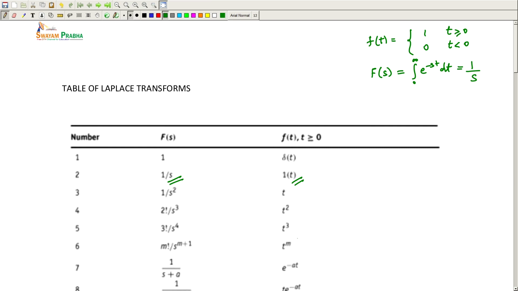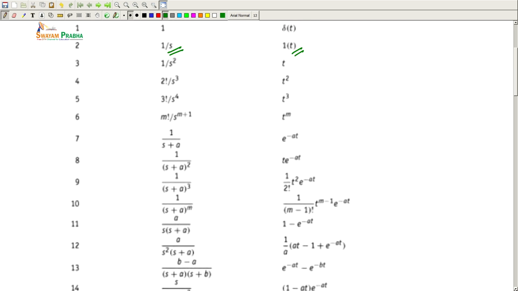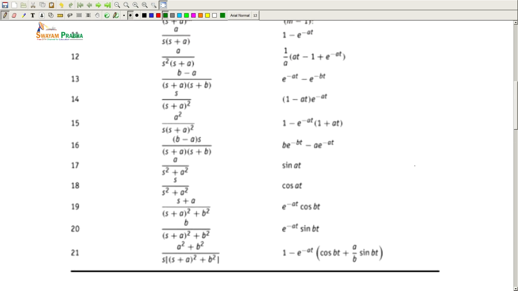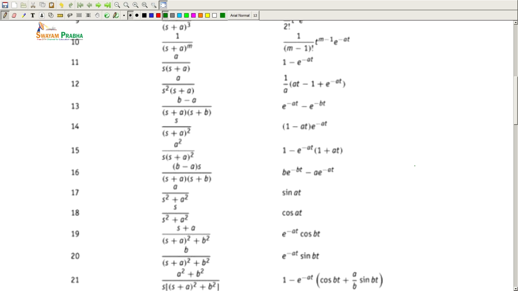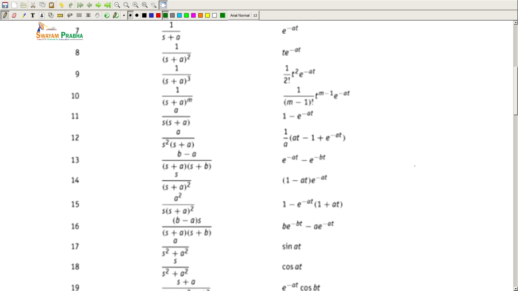Similarly, for other functions you can take this simple integral definition and, based on that, get the Laplace transforms for these different time domain functions. Then we can use these Laplace transforms to find Laplace transforms for other more complicated time domain functions.